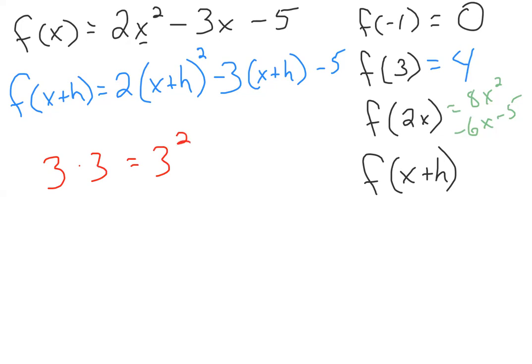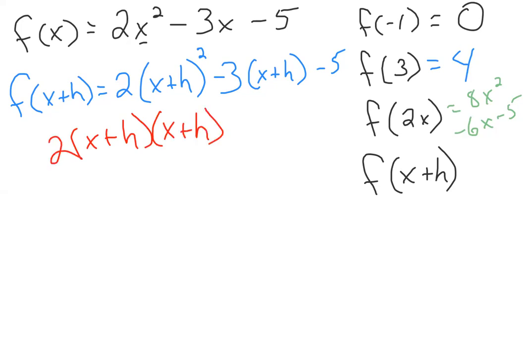Well, what we're looking at is a parenthesis. So that just means nothing more than we take the parenthesis times itself. And I'm going to go ahead and distribute over here just to get it out of the way.